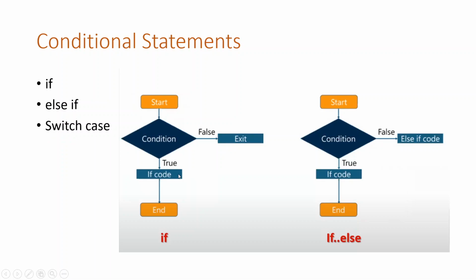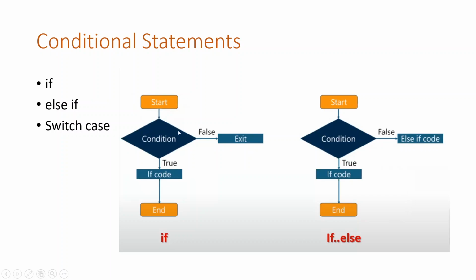If you follow this block diagram, after starting the program, if there is one condition and that condition is true, then we execute the if code, and if it is false, then it will exit directly from the program. In that case, we can use only if.